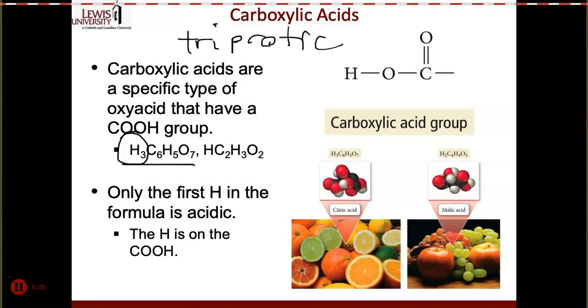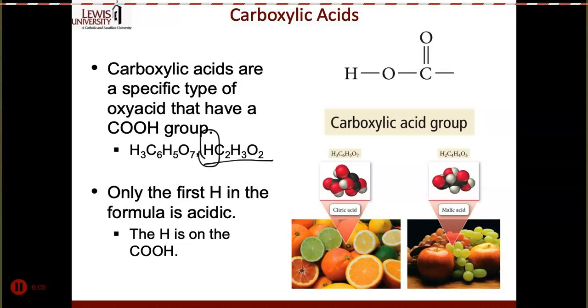So that's a triprotic acid because we have 3 protons. Now this is acetic acid, vinegar, which only has 1 acidic proton out in front. So that's a monoprotic acid. And then malic acid is a pentaprotic acid. It's actually got 5 carboxylate groups, and it can lose all 5 of those hydrogens.